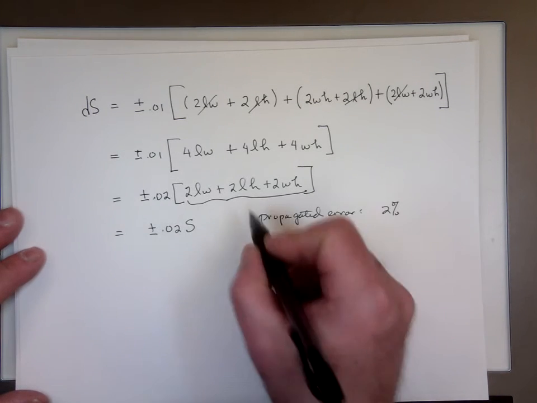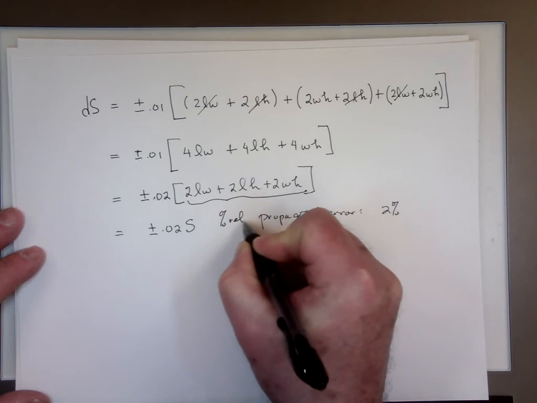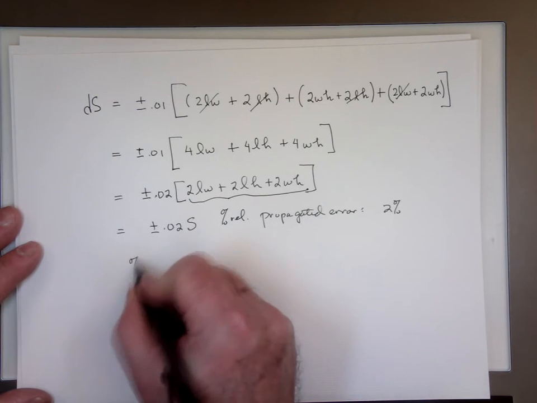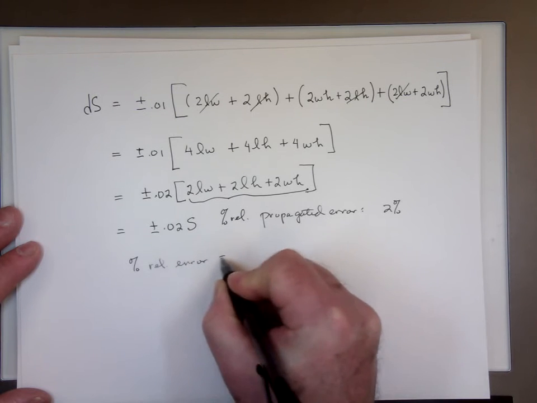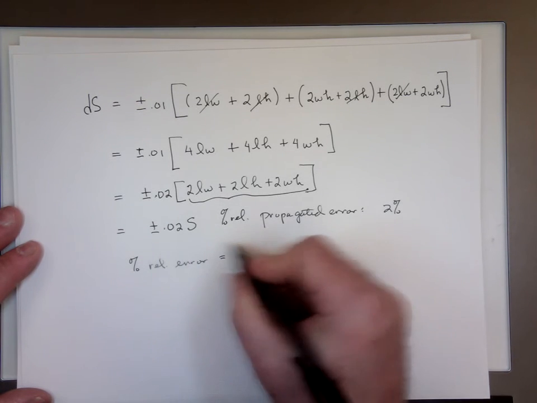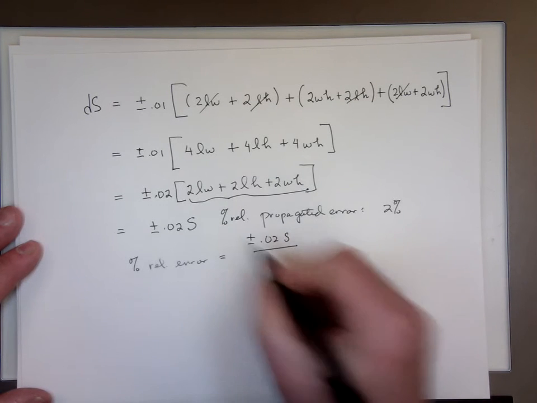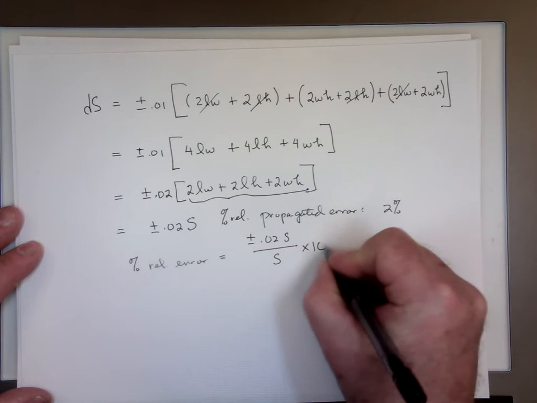It's the percent relative error, okay? Is 2%. Because how do you find percent relative error? Okay, take the calculated error divided by the calculated surface area, okay, and multiply by 100%.